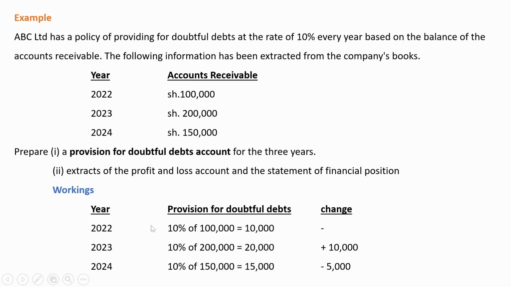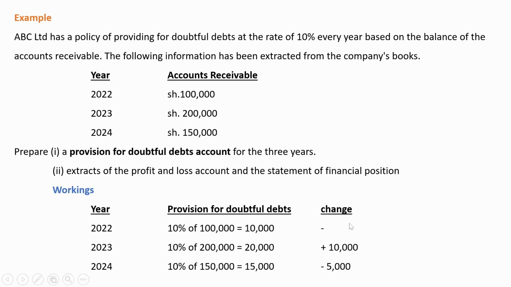So in the first year, you just take 10%, you multiply by the accounts receivable, it will give you 10,000. In the second year, use the same rate, multiply by the accounts receivable in that year, 200,000, it will give you 20,000. Then in the last year, you do the same and you find 15,000.